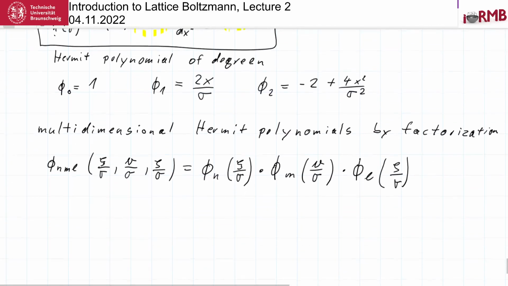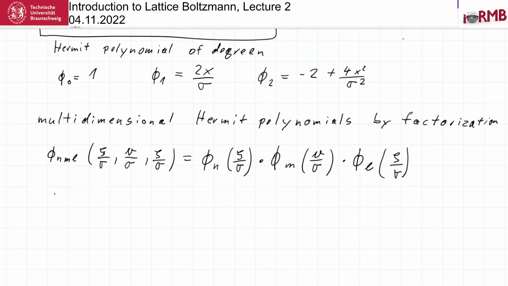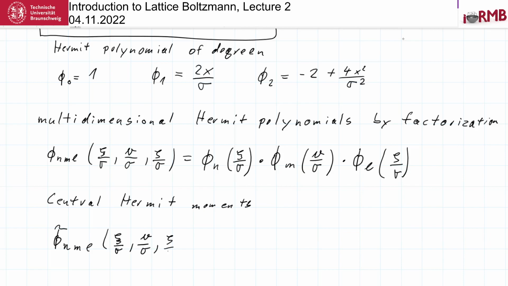And of course you can also have these in central Hermite moments. This is simply phi with a tilde, n m l, of xi by sigma, upsilon by sigma, and zeta by sigma, equal to phi.